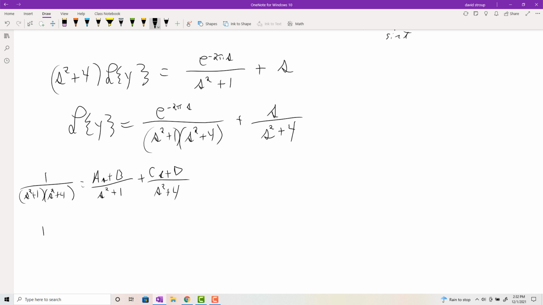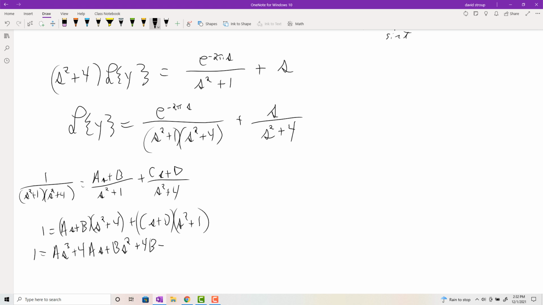Multiplying through, 1 equals (as plus b) times (s squared plus 4) plus (cs plus d) times (s squared plus 1). So 1 equals as cubed plus 4as plus bs squared plus 4b plus cs cubed plus cs plus ds squared plus d. Okay.